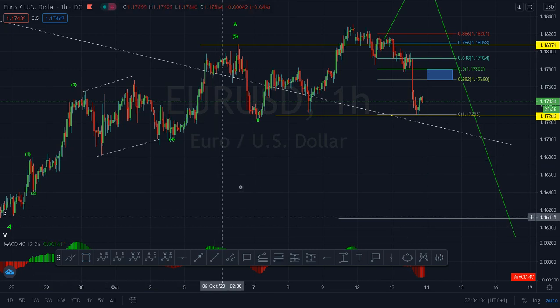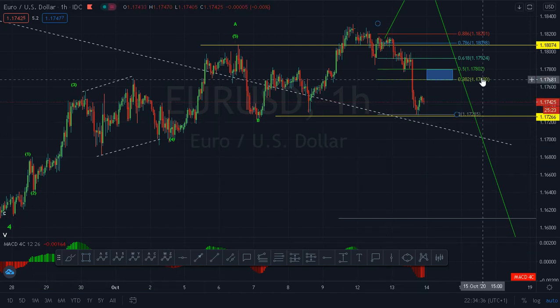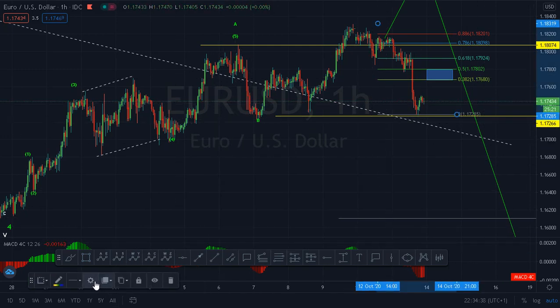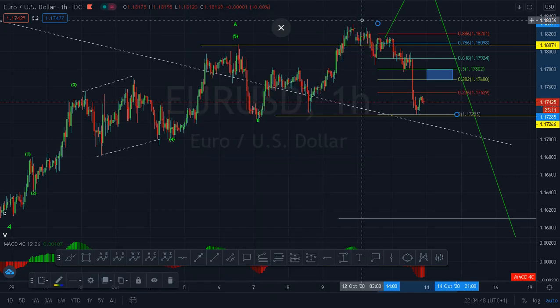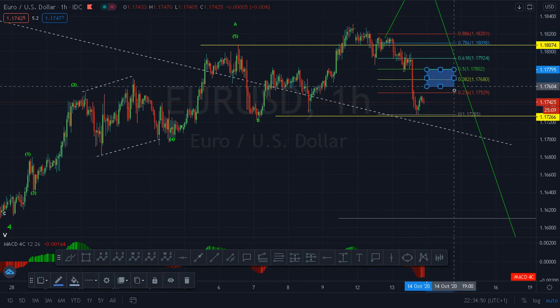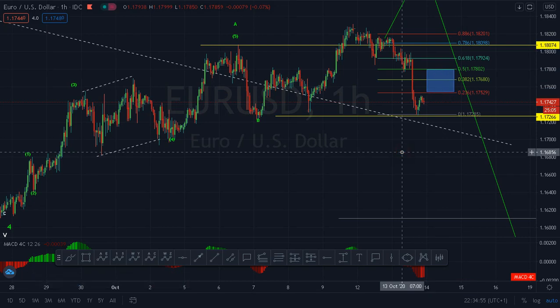It might only come to 0.26 and go back. We might go back from here. So let's keep watching this blue box. That's all for Euro USD.